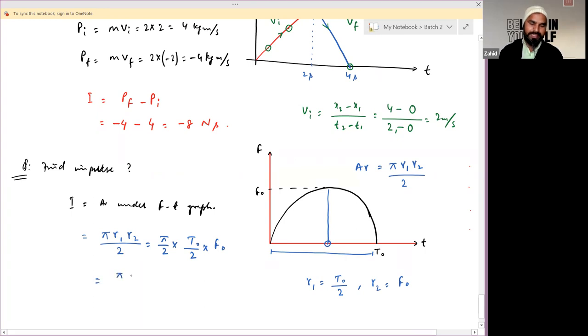So it is pi times f naught into t naught divided by 4 as the impulse related to this curve. Safan, is it clear? Yes, sir. Okay. Done, sir.